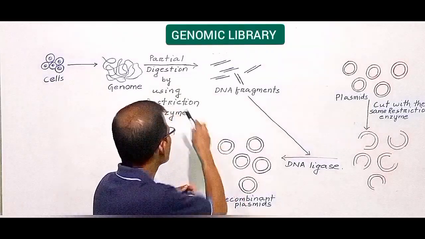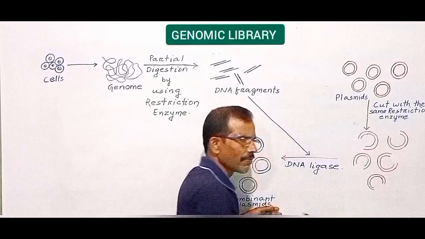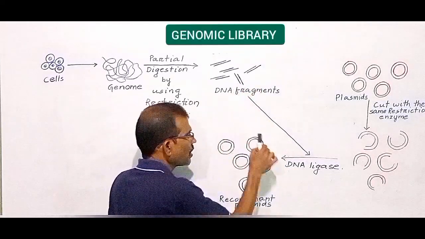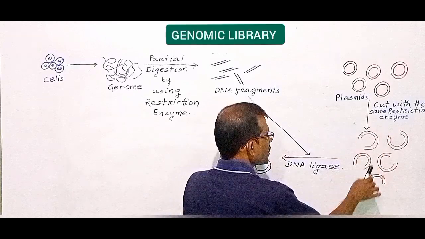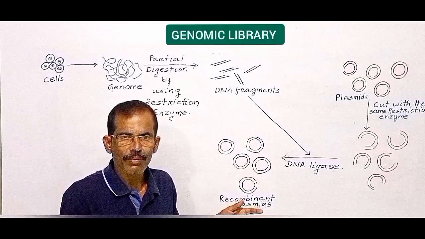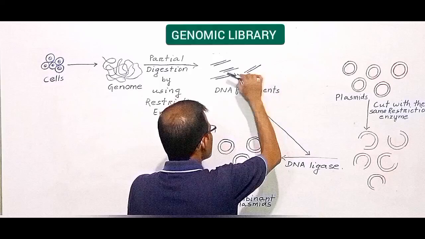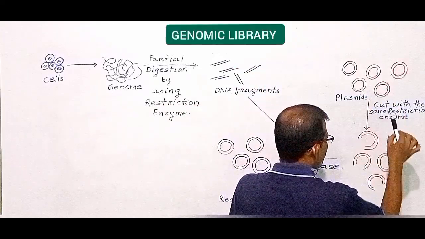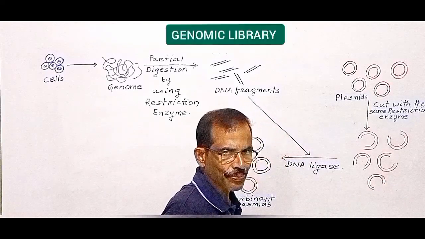After fragmentation of genomic DNA and selection of the cloning vector, the next step is to insert the DNA fragments into the vector, which in this example is plasmid. Plasmids are circular double-stranded DNA molecules. In order to insert these DNA fragments into the vector, plasmids are first cleaved by using suitable restriction enzyme.